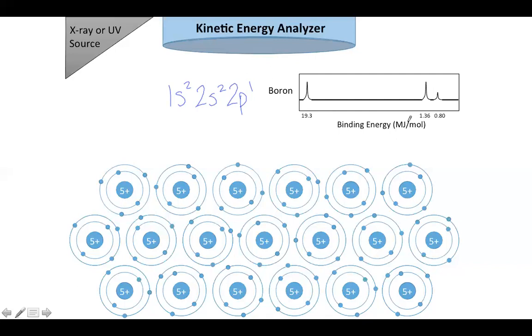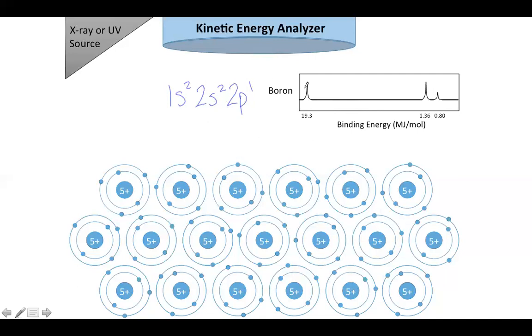So we have 3 peaks on here. And if we want to label these 3 peaks with each of these 3 sublevels, you need to look at the specific energy values. So hopefully you can suspect that this 19.3, the greater energy value peak, would correspond to the sublevel that is closest to the nucleus, right? It's going to require more energy to remove that 1s, which is closest to the nucleus, compared to the 2s or 2p.